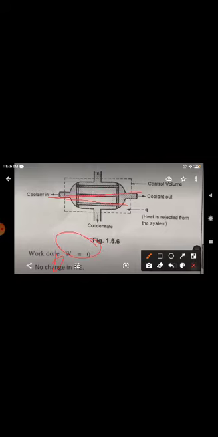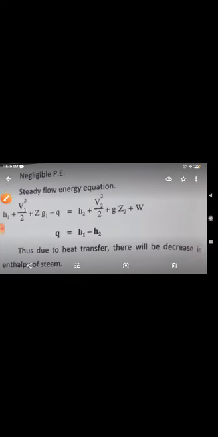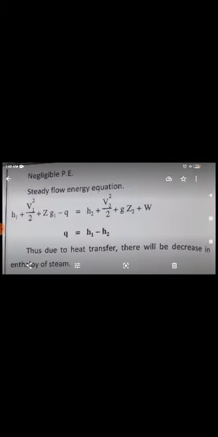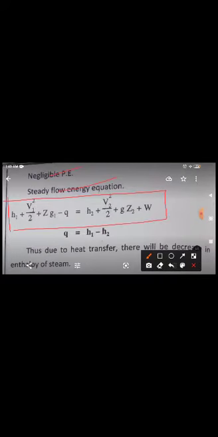So let's see what happened with this system. Negligible kinetic energy. What is the steady flow energy equation? Again, keep this energy equation in mind properly. It is not too different. All these parameters on these sides are present over here: this is enthalpy, this is kinetic head, this is potential head.